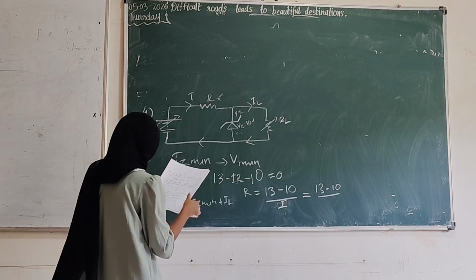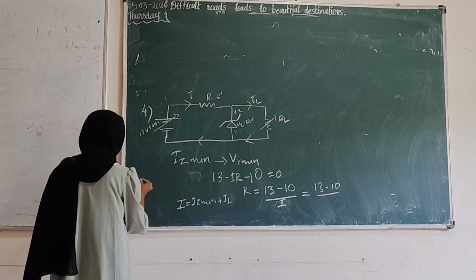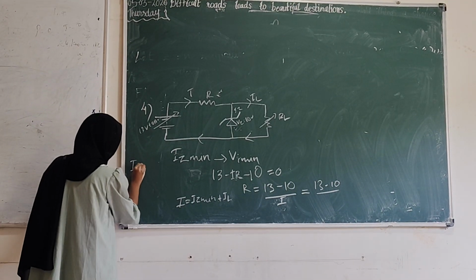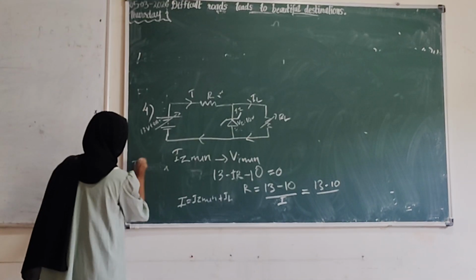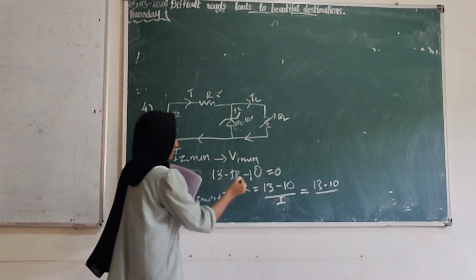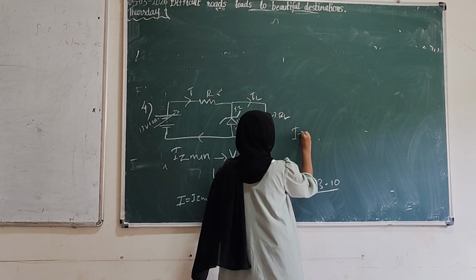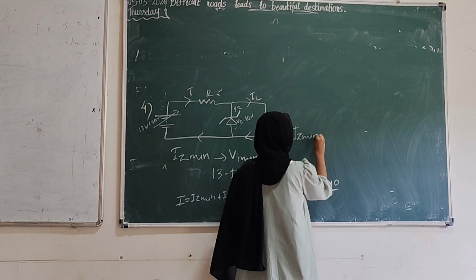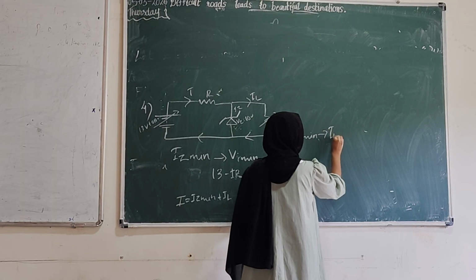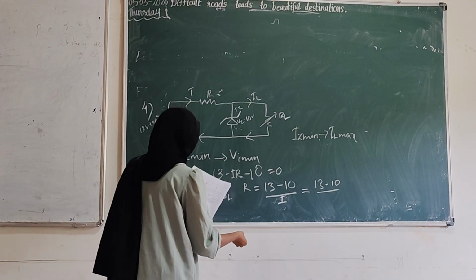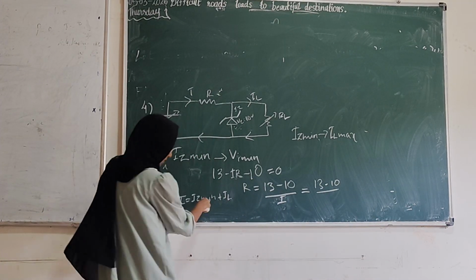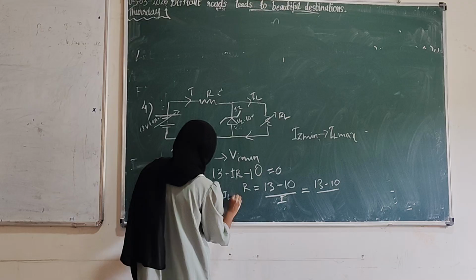The zener current will be minimum if and only if IL is maximum. This is also a condition: zener current will be minimum if load current is maximum. So we consider I is equal to IZ minimum plus IL maximum.